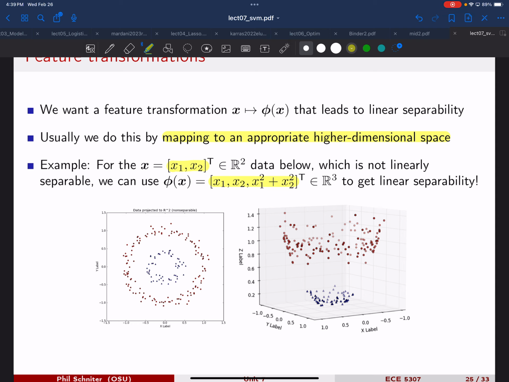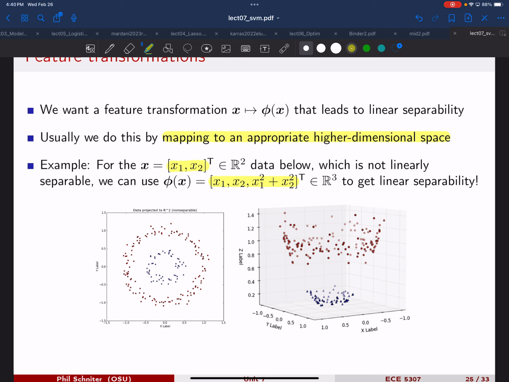As you can imagine, the challenge now is, how do I come up with that transformation? If I knew my data really well and it had a simple form, maybe I can dream up a transformation that's going to work really well. But when I deal with something like MNIST digits, already high dimensional data, how can I wrap my head around what kind of transformation is actually going to work for that?